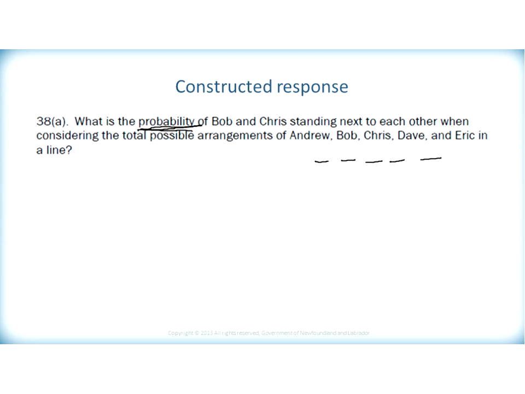Once again, it looks like a question from chapter 2, rather. Yet because it asks us for the probability, we have to put the outcomes favorable over the total number. If we look at the total options, there's 5 options to go in the first position in line, 4 for the next, 3, 2, and 1, which gives us 120 ways of lining the 5 guys up.